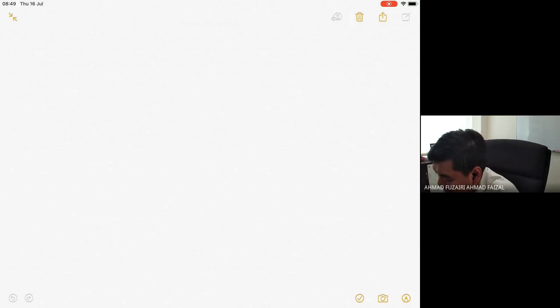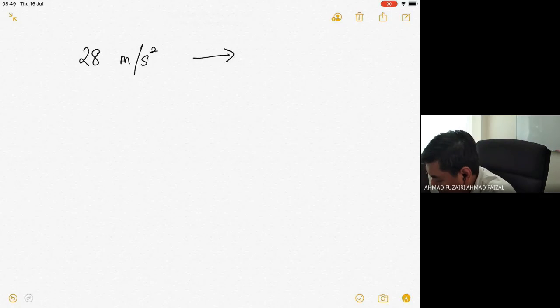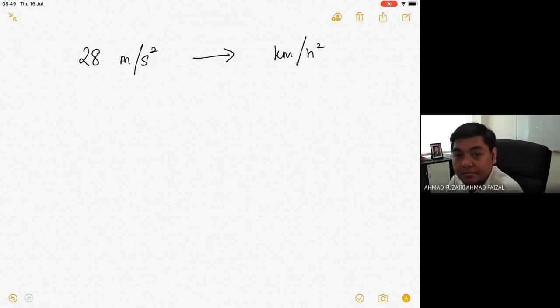So let's say if you do have 28 meter per second square and you want to convert it to kilometer per hour square. Look carefully. 28 meter per second square.